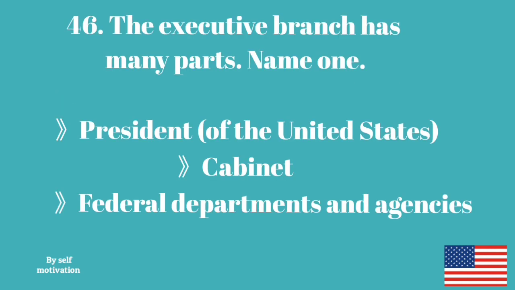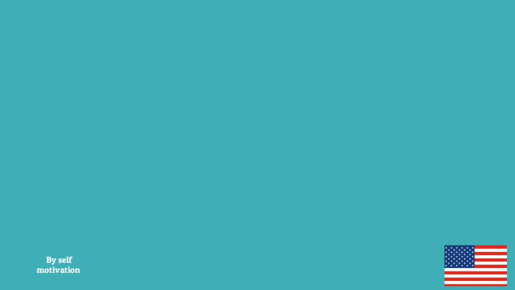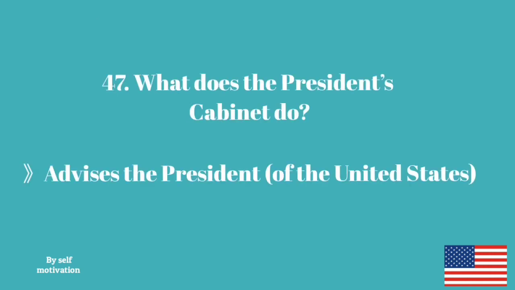The executive branch has many parts. Name one. President of the United States. Cabinet. Federal departments and agencies. What does the President's Cabinet do?